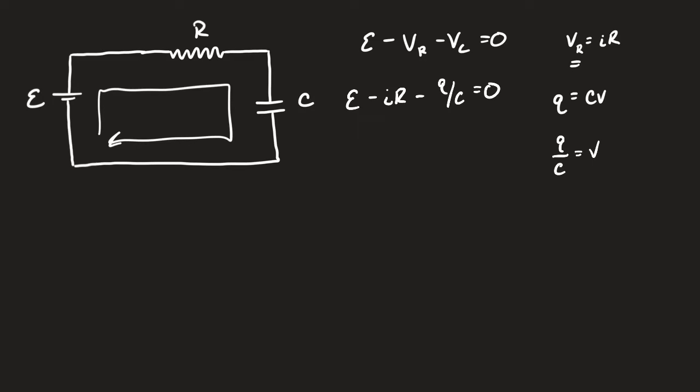It is because i is dq/dt, by definition. So making that substitution, that's our first-order differential equation.